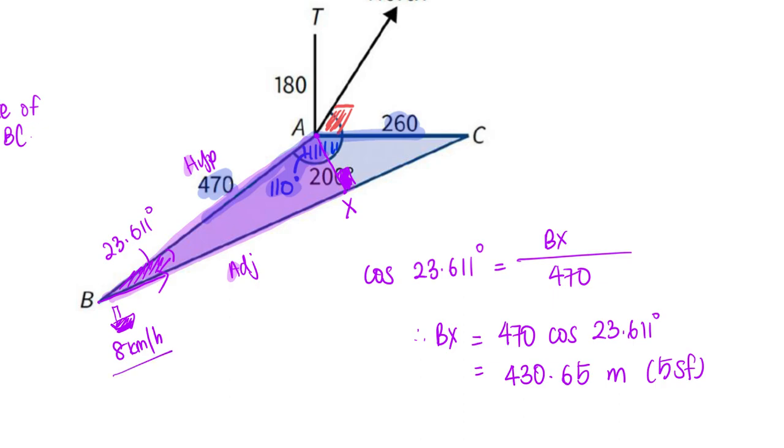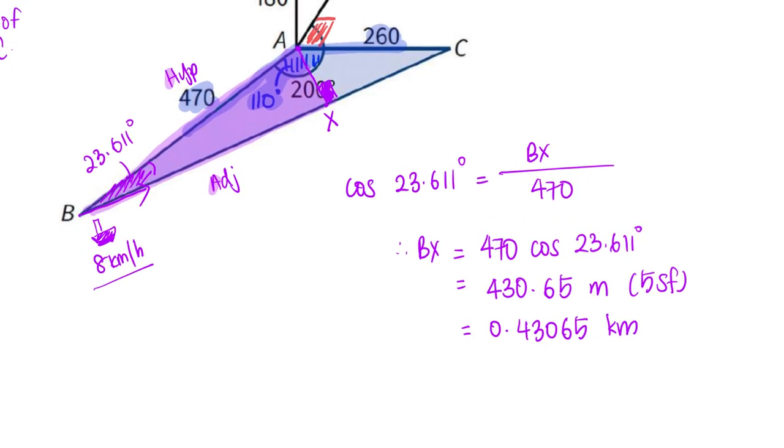And the speed is given in kilometers per hour, so I'm going to further convert this to kilometers. And then from here, I would be able to get the time taken. The time taken will be equal to distance divided by speed.